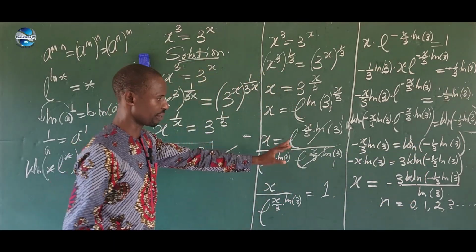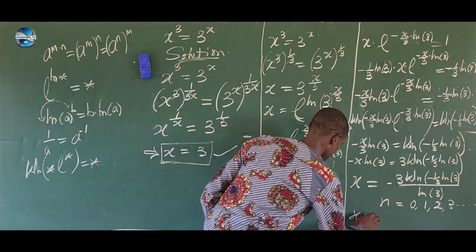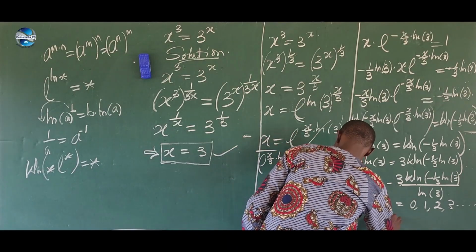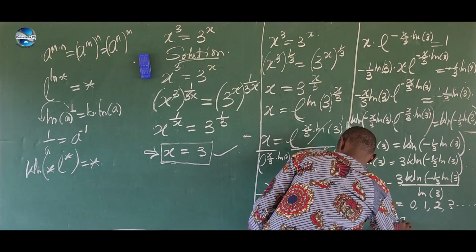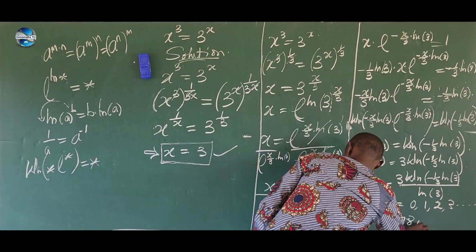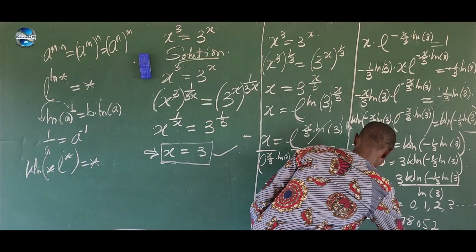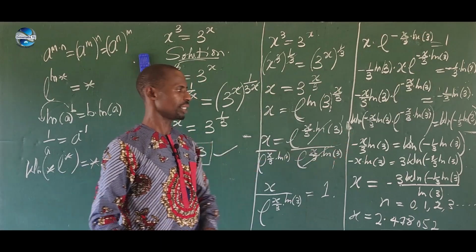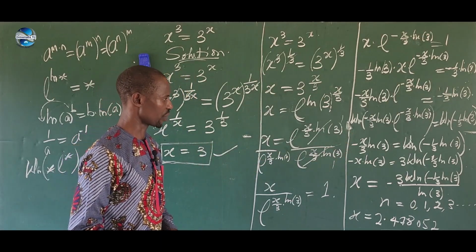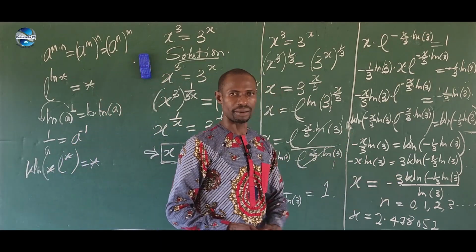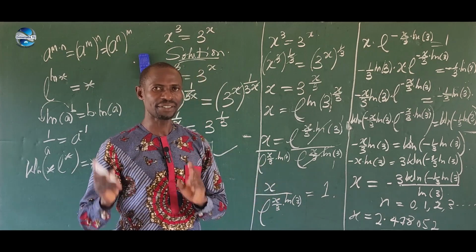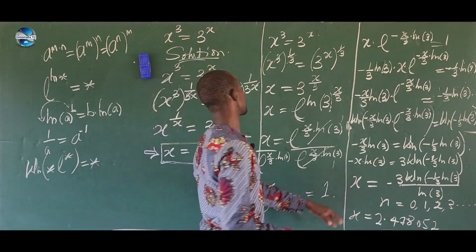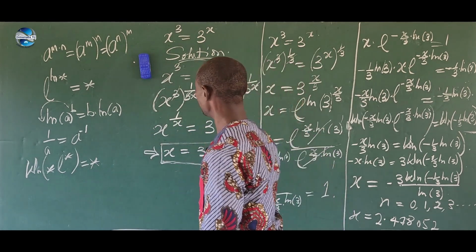One of the roots I got when I substituted into the formula here is x equals 2.478052. So with this we can actually get infinite solutions to our x for this challenge.